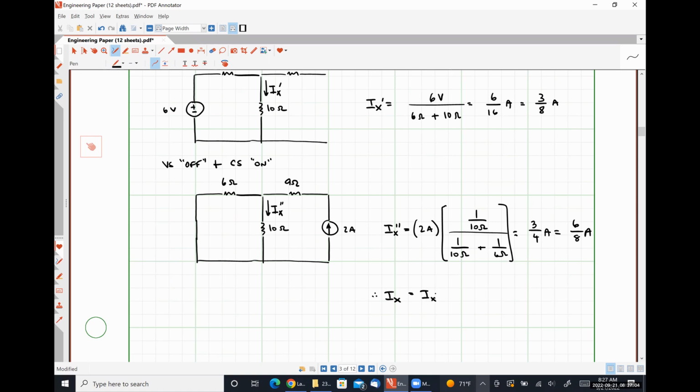IX prime plus IX double prime. And so this comes out to be 3/8 of an amp plus 6/8 of an amp is equal to 9/8 of an amp. Is this the same thing that we got earlier? Absolutely. Brody, how may I help you?